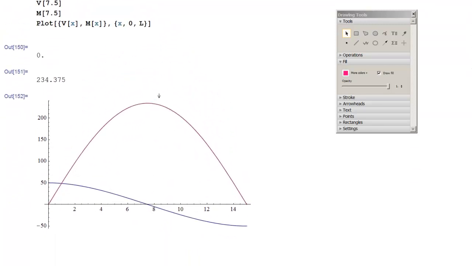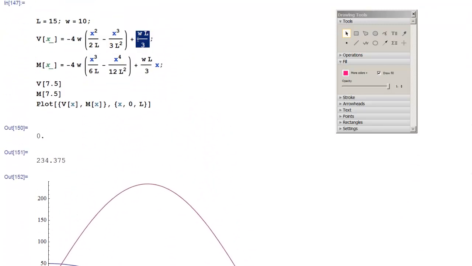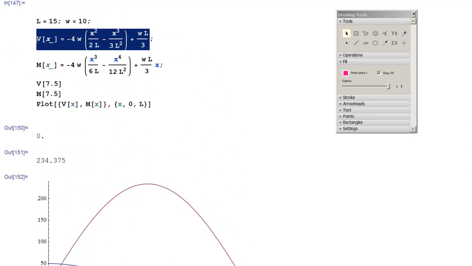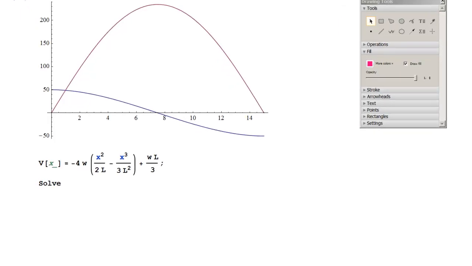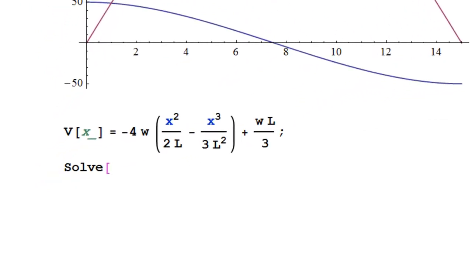I'm gonna define it again like this. Copy, and I'm gonna say solve V of x equals 0 and solve it for x.